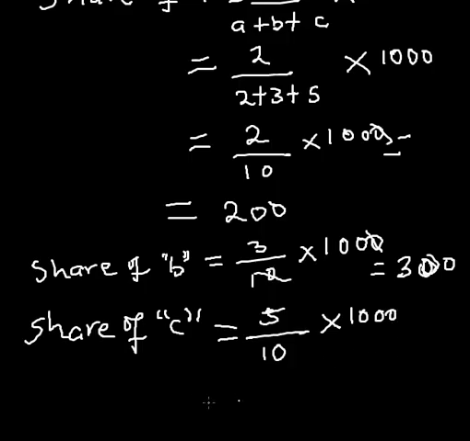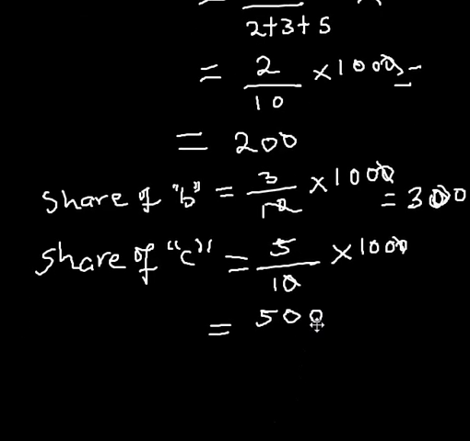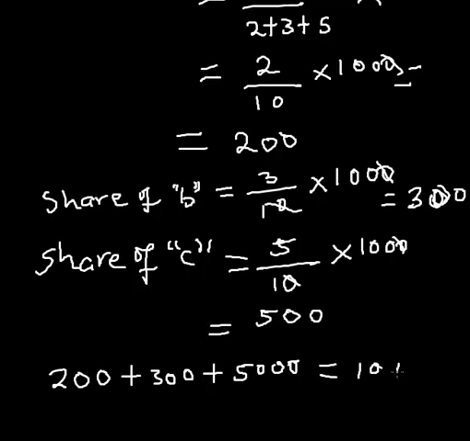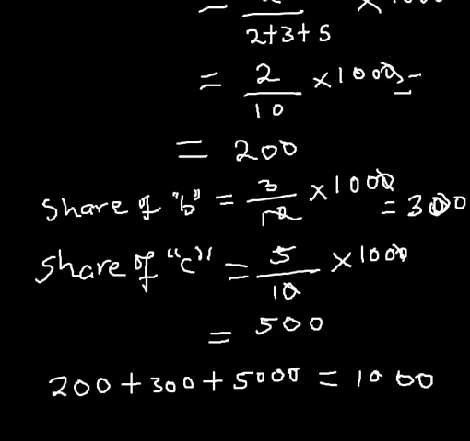If I do this, this is gonna be 500. So you now discover that if I sum the three shares, it should give me the total amount that was shared. The share of A was 200, the share of B was 300, and the share of C is 500. If I add these entire shares, I'll still have the total amount, which is 1000.